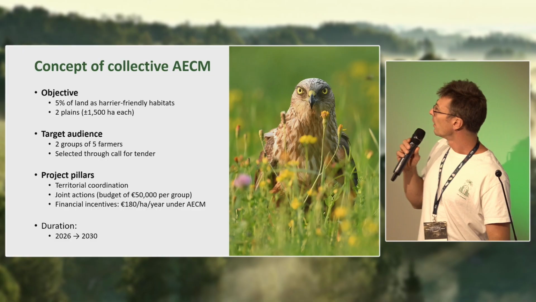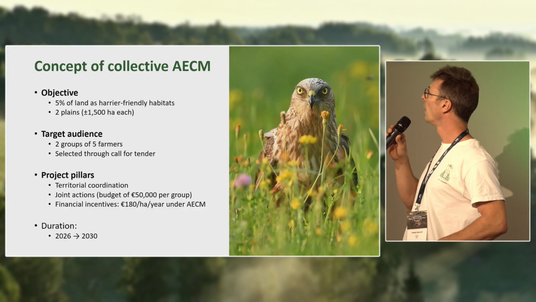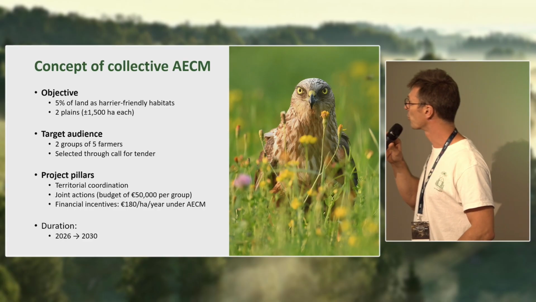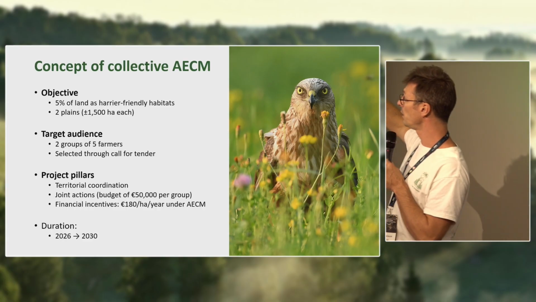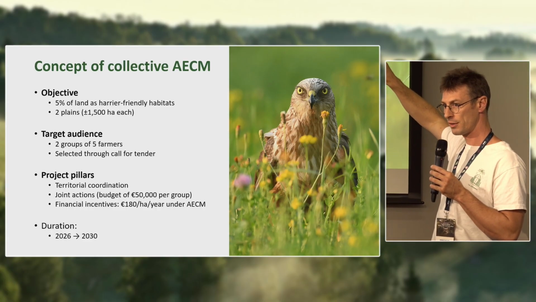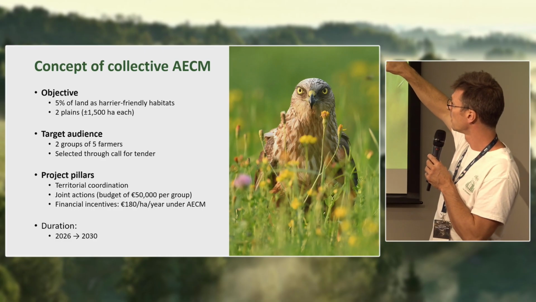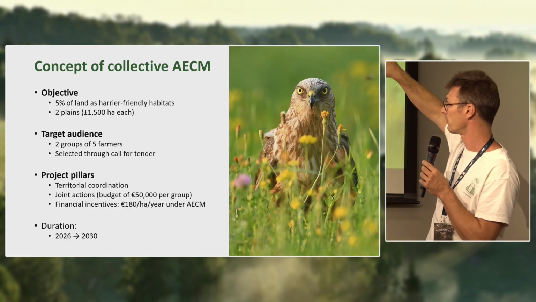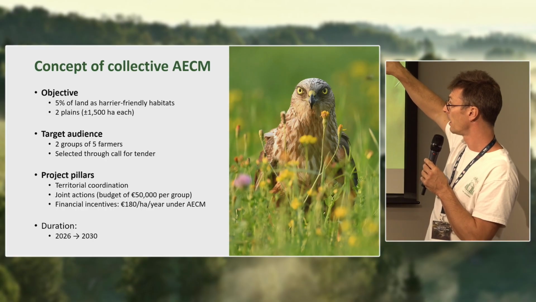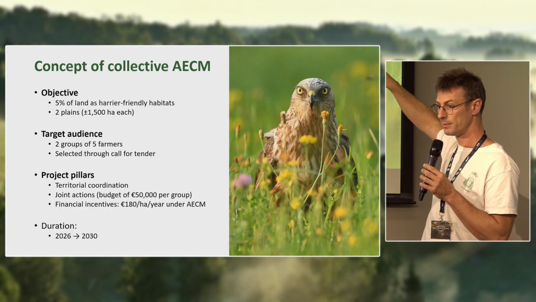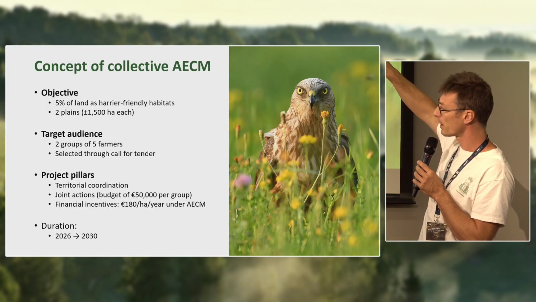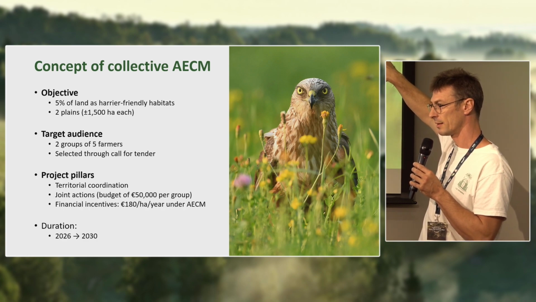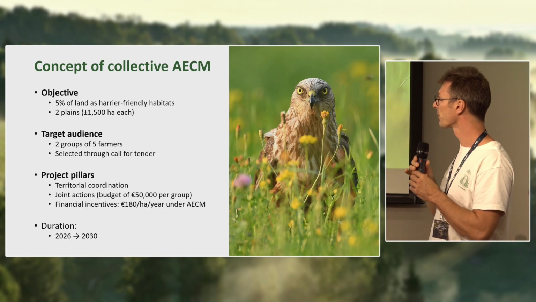So here I will present the concept of the collective approach. Our objective will be to reach 5% of agroenvironmental schemes in 2 plains of 1,500 hectares. And this area must be in some specific places that are good for the hen harrier.